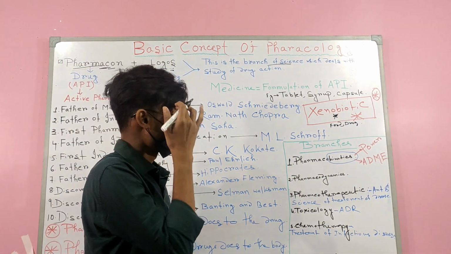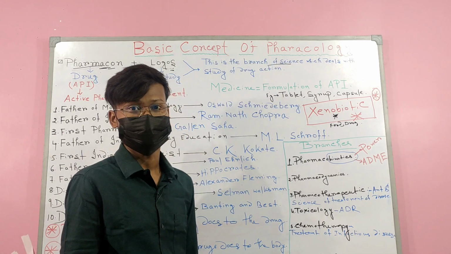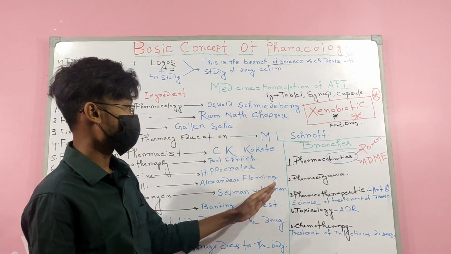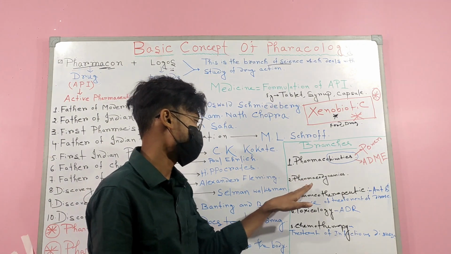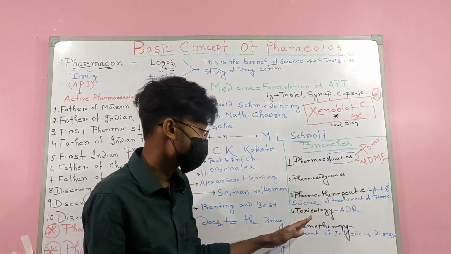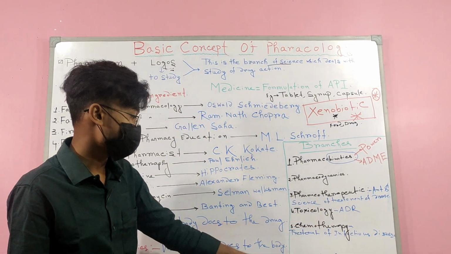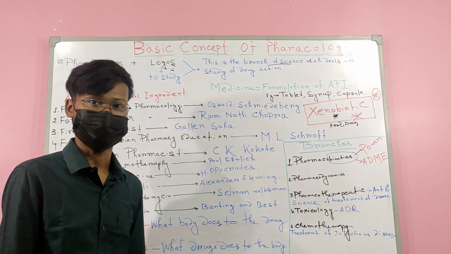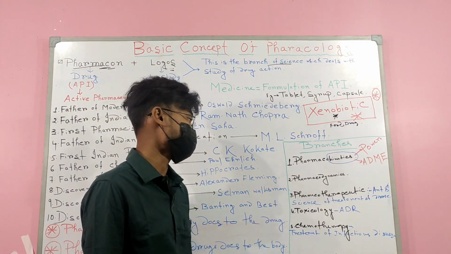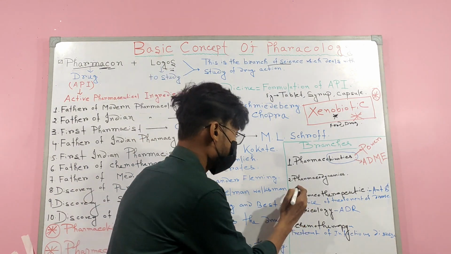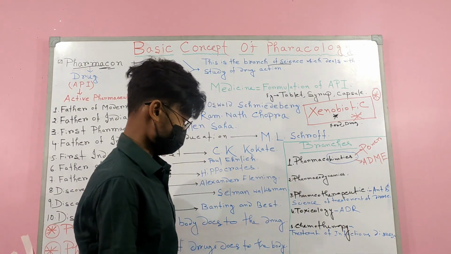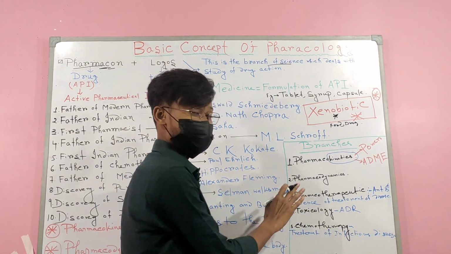Then we will learn the branches of pharmacology. The first one is pharmacokinetics, then pharmacodynamics, pharmacotherapeutics, toxicology, chemotherapy, and clinical pharmacology. We will discuss firstly pharmacodynamics. Here is a trick to remember.